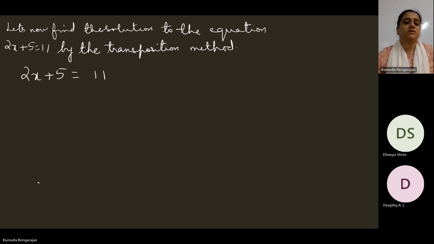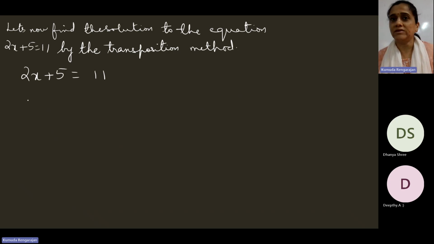Now, the rule is you'll have to have x alone on one side, preferably the left-hand side. It should stand alone. There should be nobody with x on the left-hand side.